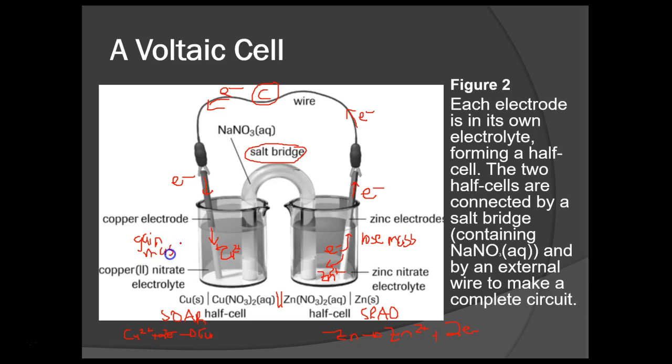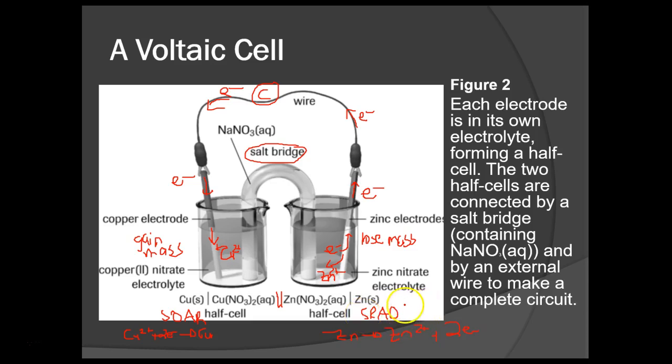Now, the one last set of terms that I have to introduce to you, and I've kind of introduced them already, is the terms cathode and anode. When we're talking about a voltaic cell or an electrolytic cell later on, each has a cathode and an anode. And I told you at the beginning of the unit, there's 2 things you're going to remember.